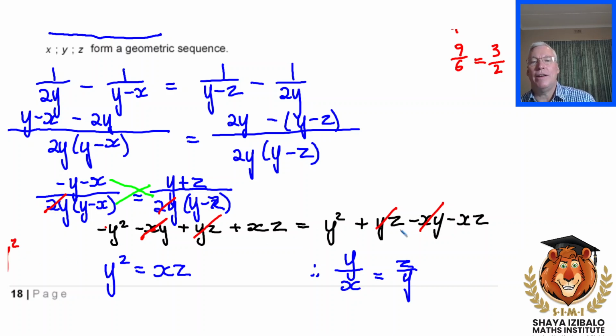All right, and if we add an xz to both sides, we're going to get 2xz. If we now divide both sides by 2, we get that, and therefore we can write it like that, and therefore x, y, and z are in a geometric sequence.